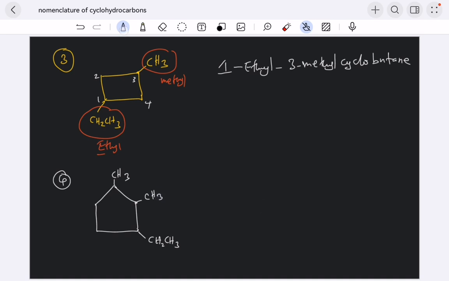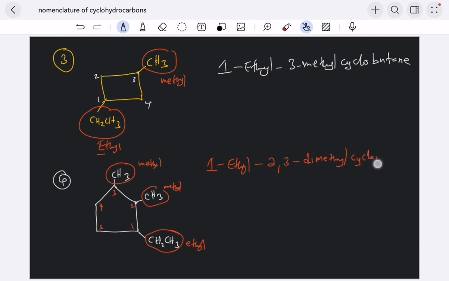So remember, when we look at the substituents, we have those. That's a methyl, that's a methyl. Then this is an ethyl. Therefore, in terms of counting, this becomes 1, 2, 3, 4, 5. So say 1-ethyl, then at position number 2 and position number 3, we have a methyl. So we'll say dimethyl. Then what is the parent name? It's a cyclopentane.